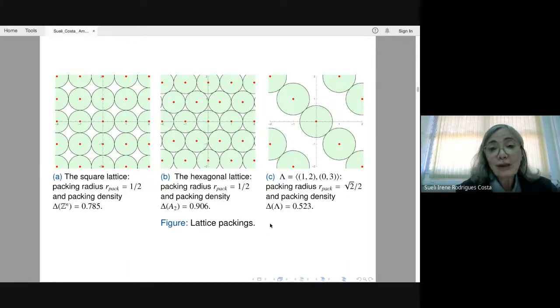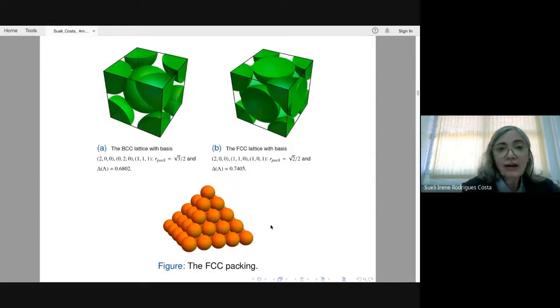So, going ahead, this is a cut from the so-called BCC lattice, which is formed by thinking about a cube. I put a point in the middle, and I set the packing balls in the corners and in the middle, right? If I spread this into R^3, this is the so-called BCC lattice, and it has some basis like that.